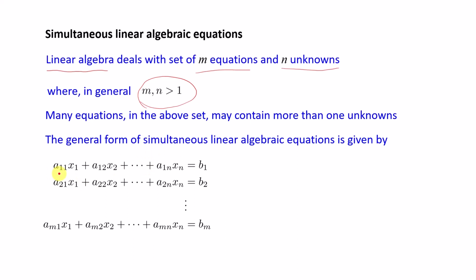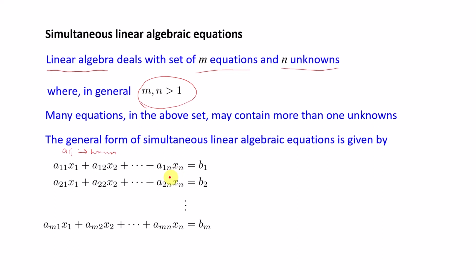In general, the form is like this. All these a_ij's are known, and a_11 x_1 plus a_12 x_2 up to a_1n x_n equals b_1, a_21 x_1 plus a_22 x_2 up to a_2n x_n equals b_2, etcetera, etcetera, a_m1 x_1 plus a_m2 x_2 up to a_mn x_n equals b_m. So we have m equations, and each equation has x_1 to x_n, these n unknowns.